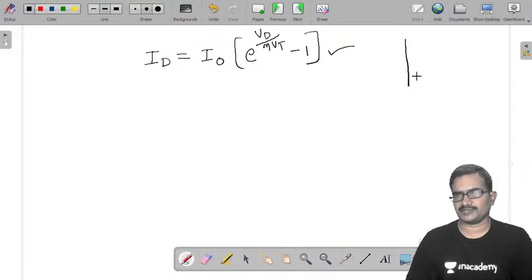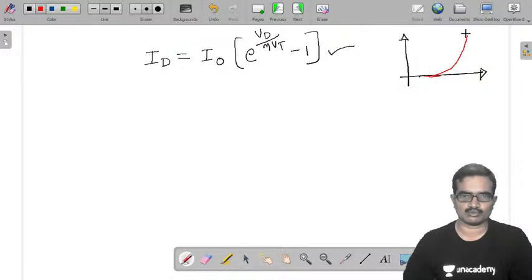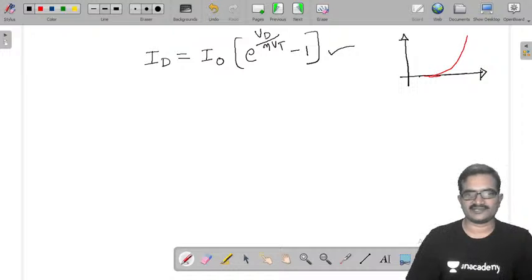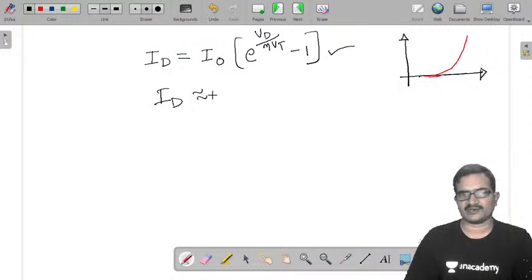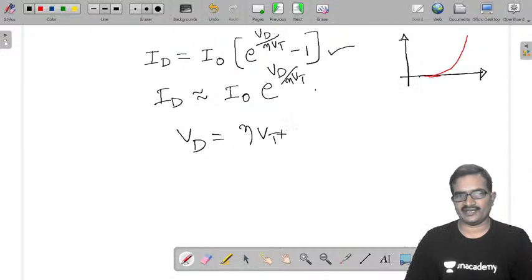That means I am going to represent my diode VI plot like this. This is the exponential one. Sometimes you can write the diode current equation approximately as I naught into e power Vd by eta Vt. And we can write the diode voltage equation: Vd is eta Vt into ln of Id by I naught.